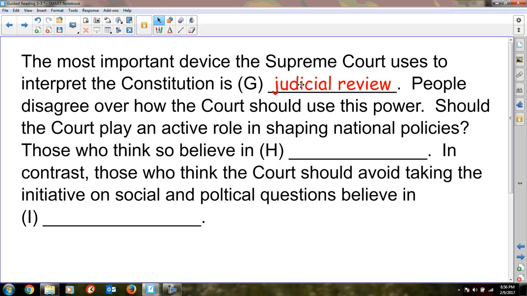When we were talking about Roe versus Wade, we know that the ability to just say, hey, that's unconstitutional, is a judicial restraint one. So this one right here. But when a court goes larger than what it says, it's judicially active.